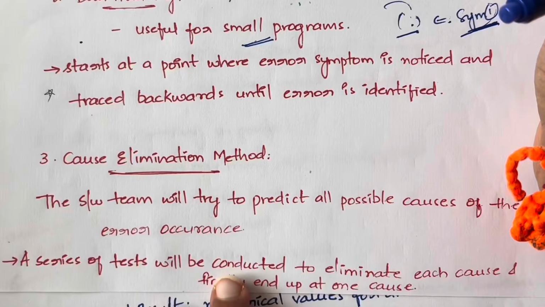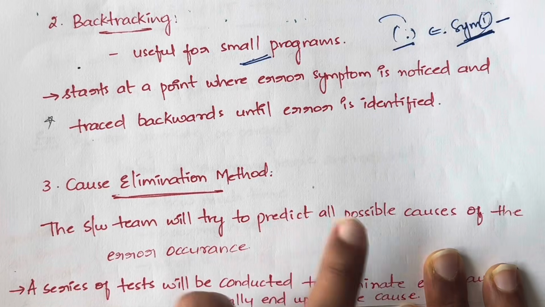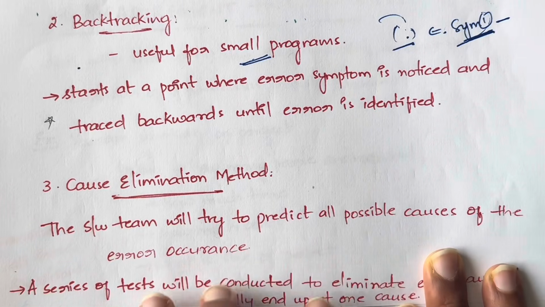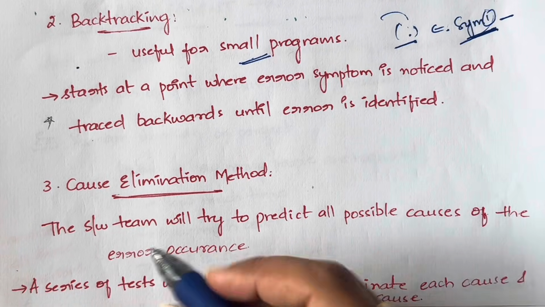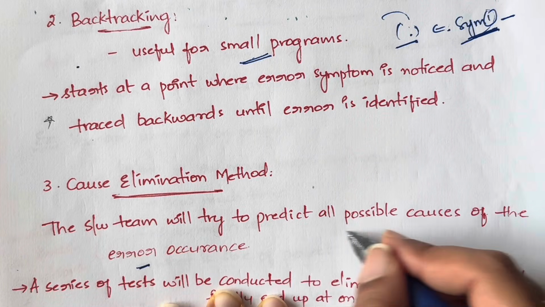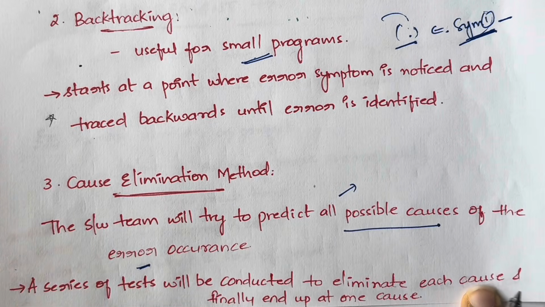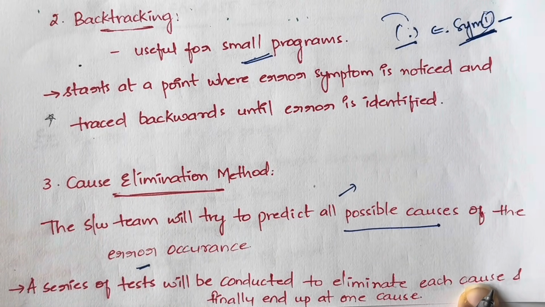In the cause elimination method, the software team will try to predict all the possible causes of the error occurrence. So you're getting an error, and they'll try to identify what all the possible causes could be, because they are the ones who developed the system, they are the ones who worked on the system, right? So they can easily analyze what could be the reasons for that error to occur.